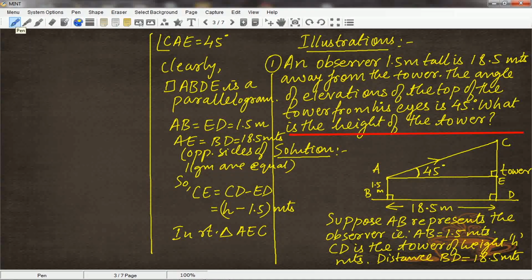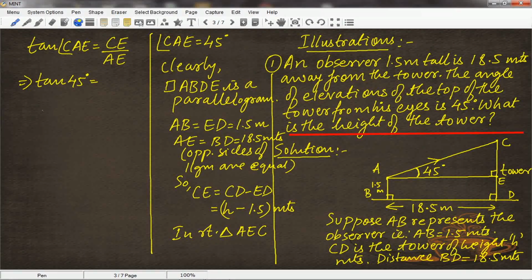So I'm going to say in right triangle AEC, tan of the angle CAE is equal to perpendicular CE upon the base AE. So tan of magnitude of angle CAE is 45. CE's length is H minus 1.5 and AE's length is 18.5 because AE was equal to BD.